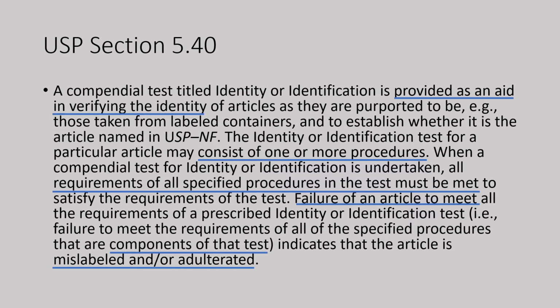So, before initiating the complete evaluation of the article, it is necessary to confirm the identity of the article. If you notice in the compendia, the first test of any article would be the identification test only. There may be more than one identification test.